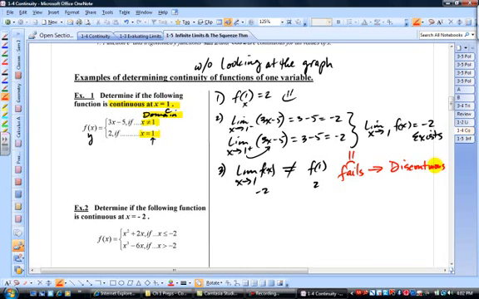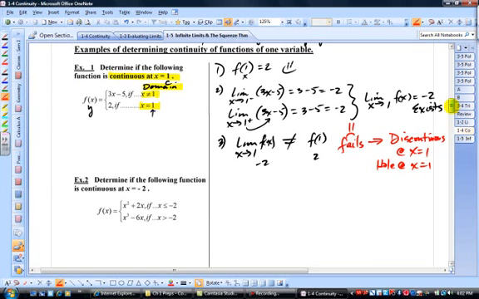Discontinuous at x equals 1 because there's a hole there. Hole at x equals 1. And that's what we're going to do for all of these functions here. We're going to do this 3-part test and check continuity at a particular point.